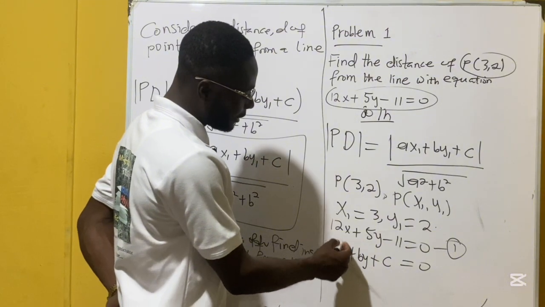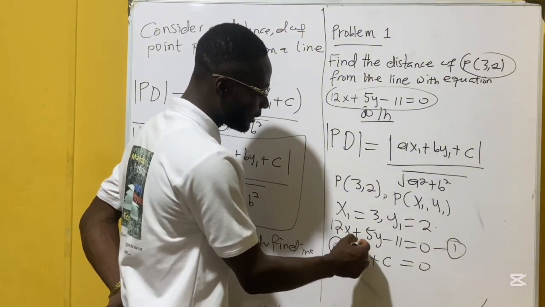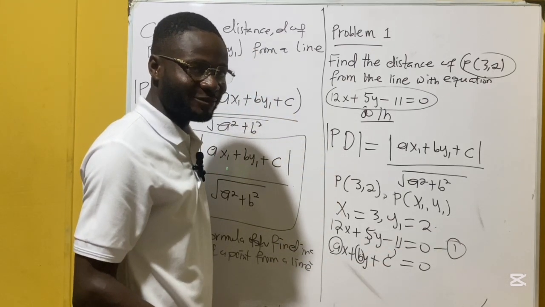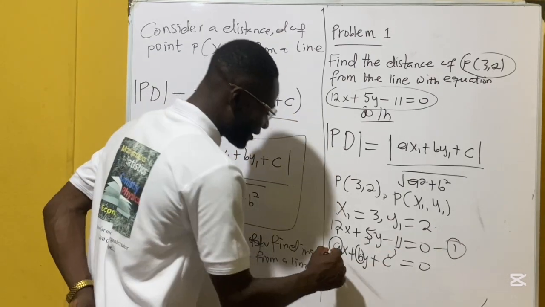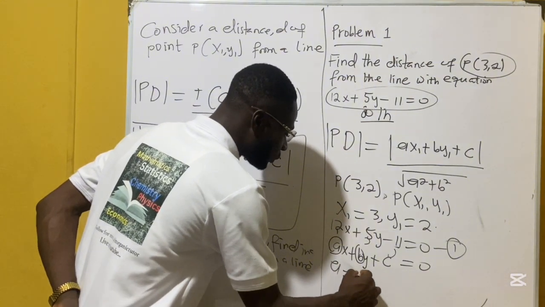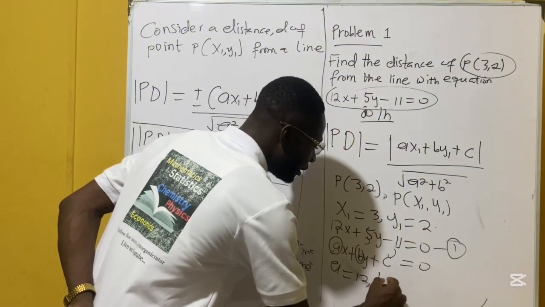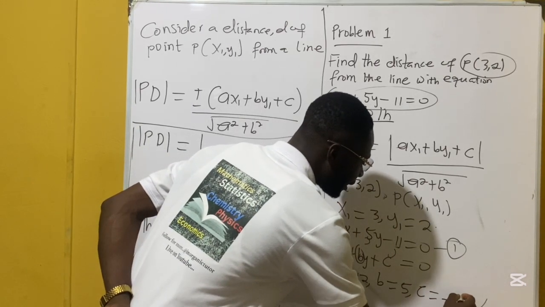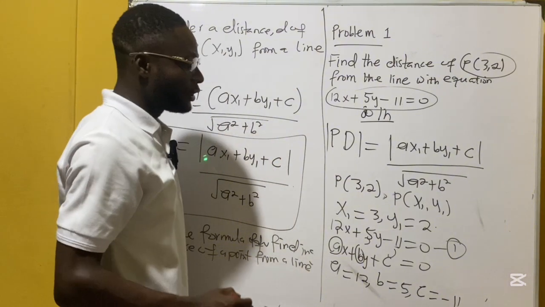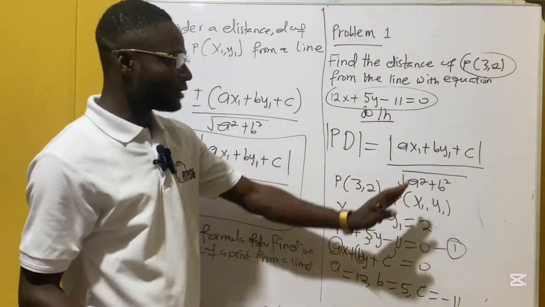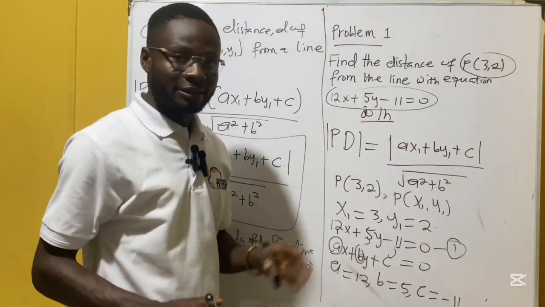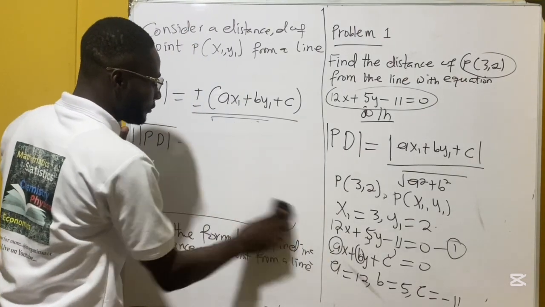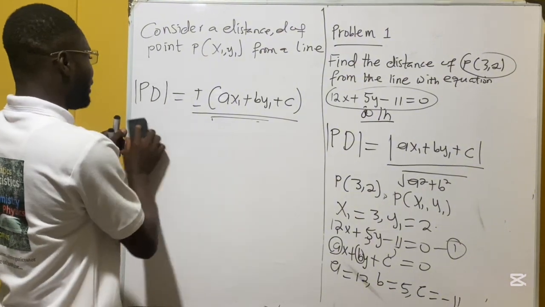So this here corresponds to this, and this here corresponds to that. That is amazing, right? So basically, we can say that our A is equal to 12, our B is equal to 5, and our C is equal to minus 11, right? So we have all that we need to complete this problem. So we're going to have our distance.